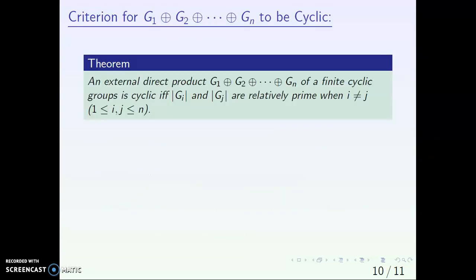Last thing: criterion for G1 ⊕ G2 ⊕ ... ⊕ Gn to be cyclic.